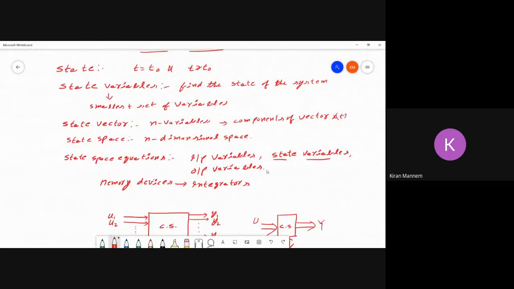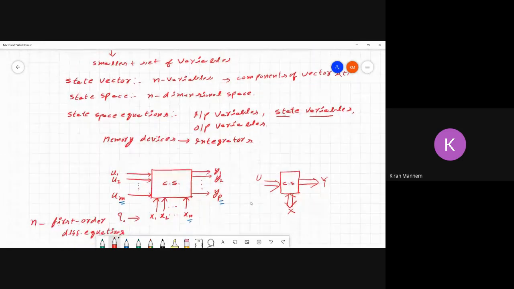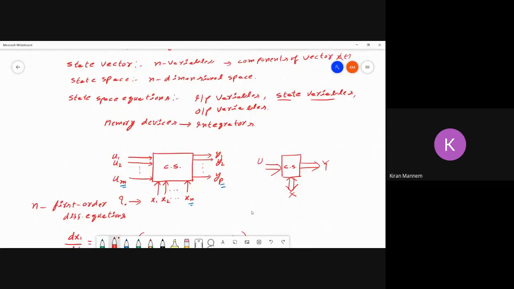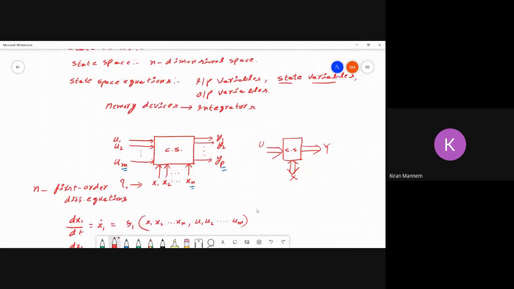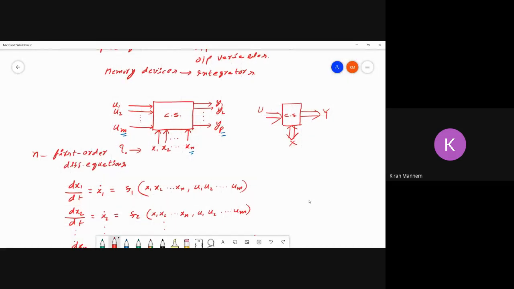State space equations. So you have three types of variables: input variables, state variables, and output variables. To know the state of the system, we use integrators as memory elements to get the status of your system. So this is your representation of your state variables.